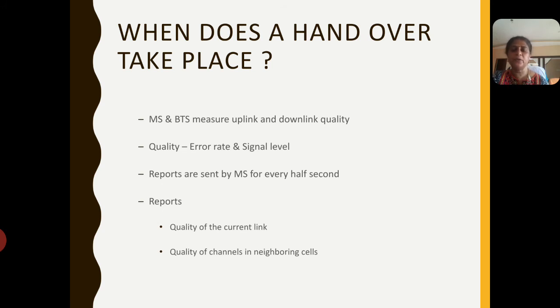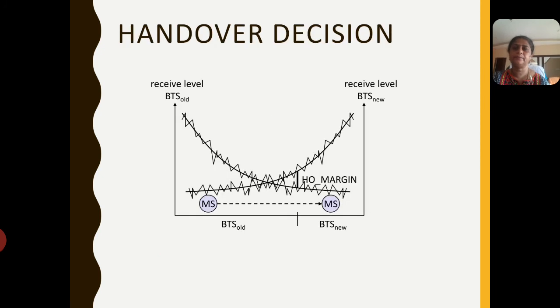So, these reports will tell you about the quality of the current link and the quality of the channels in the neighboring cells. The reports are constantly sent and monitored, the error level and the signal level.